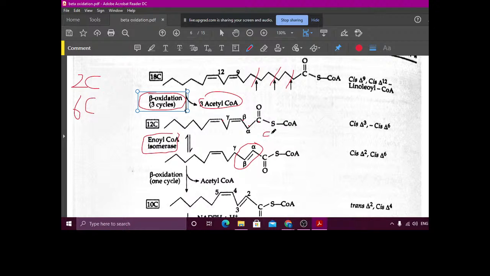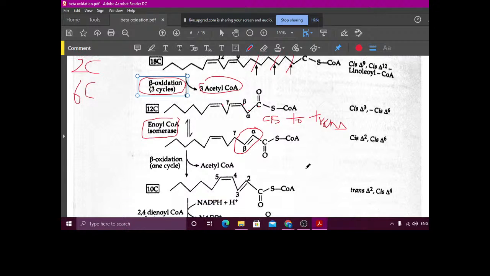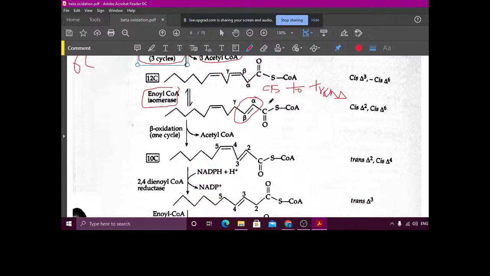From cis to trans. This is how the isomerization takes place. In the next step, once this happens, one cycle of beta oxidation takes place.